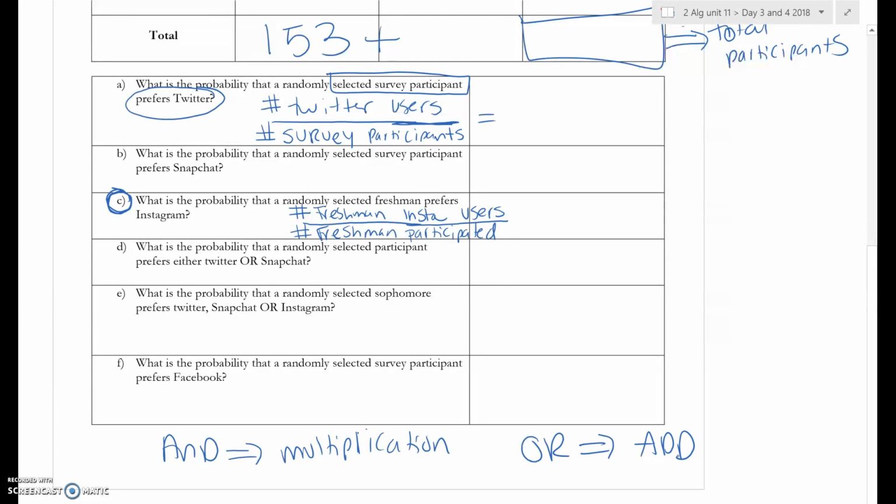So in this case, we're looking at what is the probability that somebody preferred Twitter or Snapchat. That widens the number of desired to include the number of Twitter users added to the number of Snapchat users. And then again, because we're talking about all the participants, we'll divide that by the total number that participated in the survey.